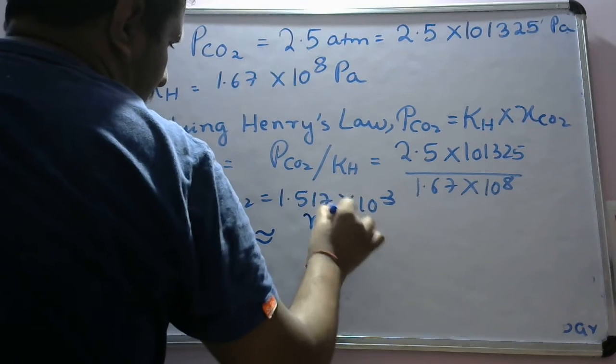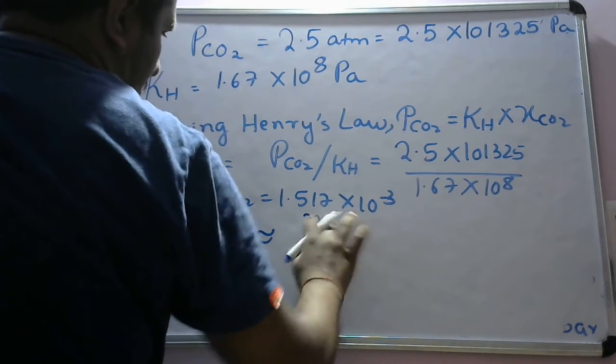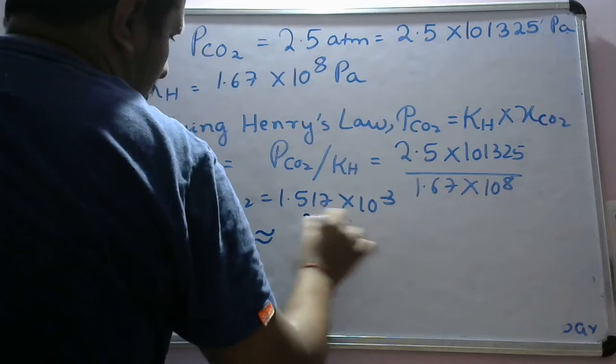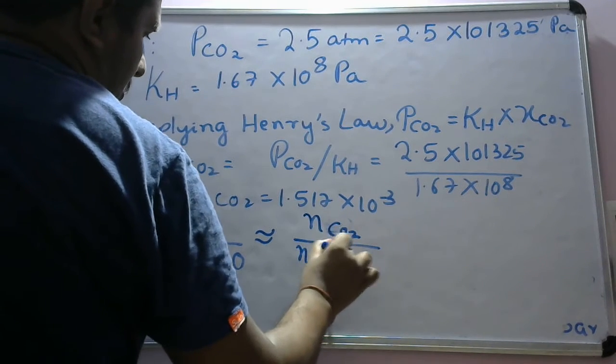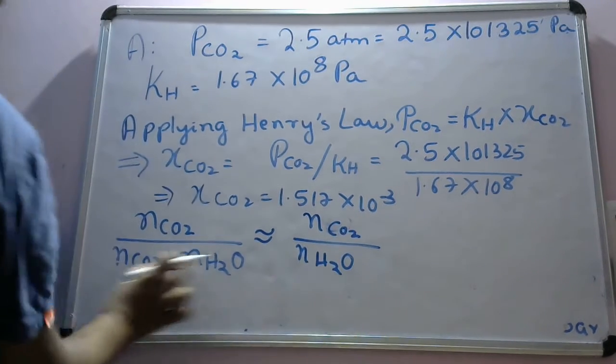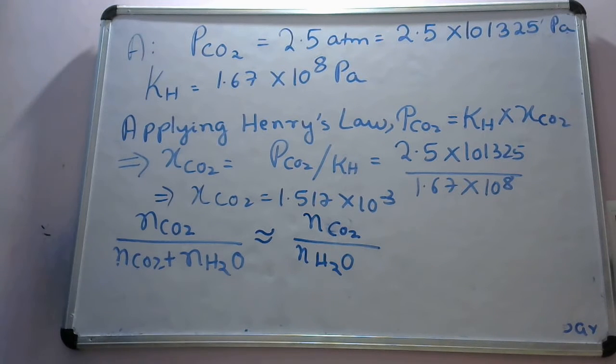So what we will do, we will ignore CO2 in the denominator, because its amount is less than that of H2O.